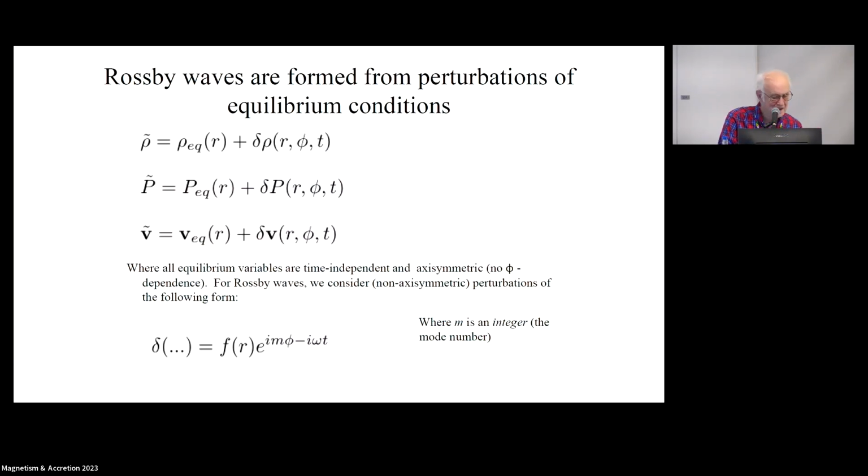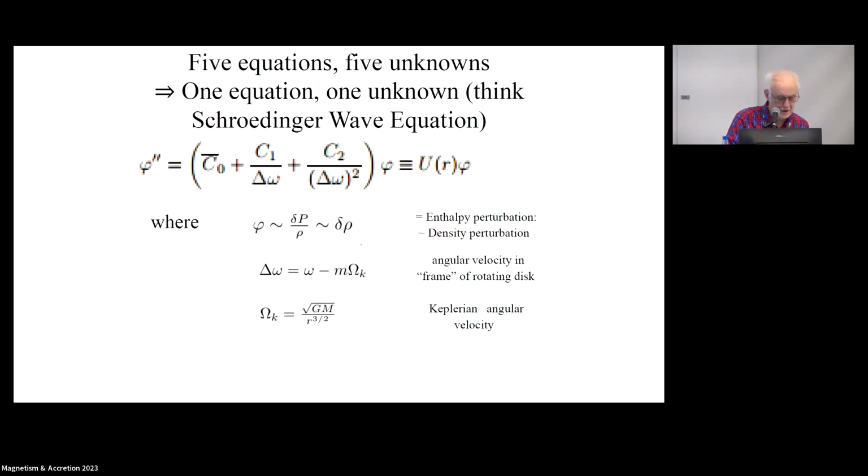So we take an equilibrium disk and do standard perturbations, and this can be reduced to a Schrodinger-like equation for the enthalpy perturbations, which I show here.